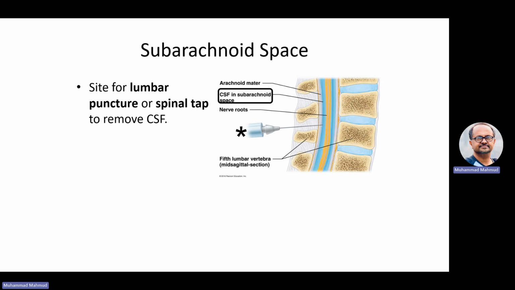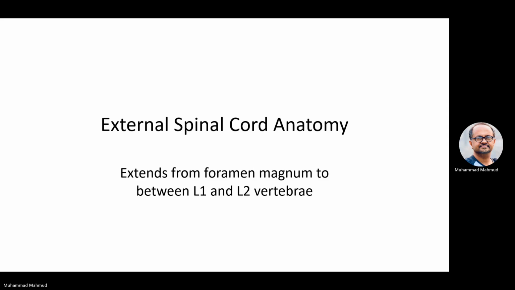And if we have to draw a few milliliters of that fluid, say we need to diagnose some diseases like meningitis or some other medical conditions, this is where we tap the needle and collect the CSF from. So remember, this area is called subarachnoid space. Epidural injections are given for anesthesia. That's in the epidural space.